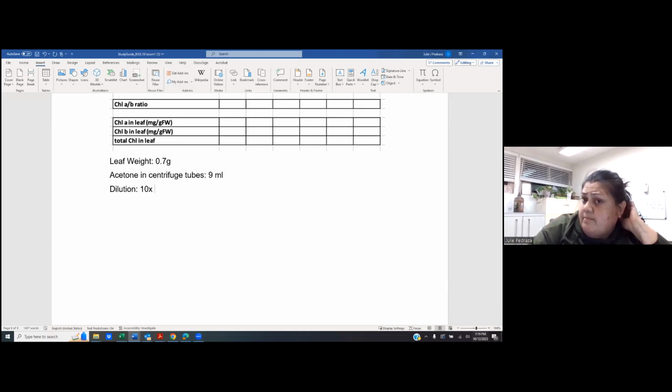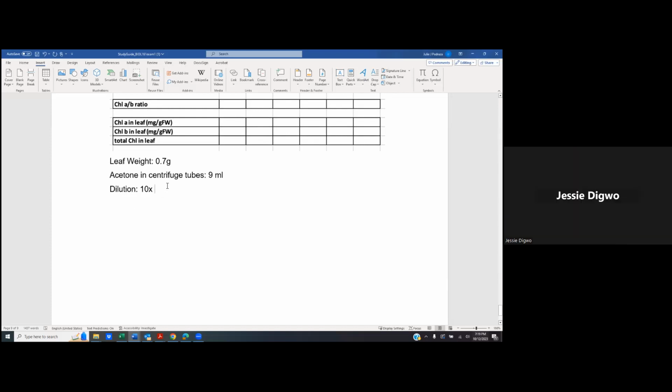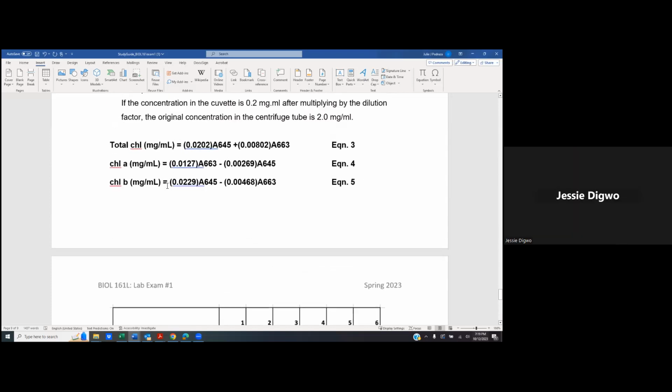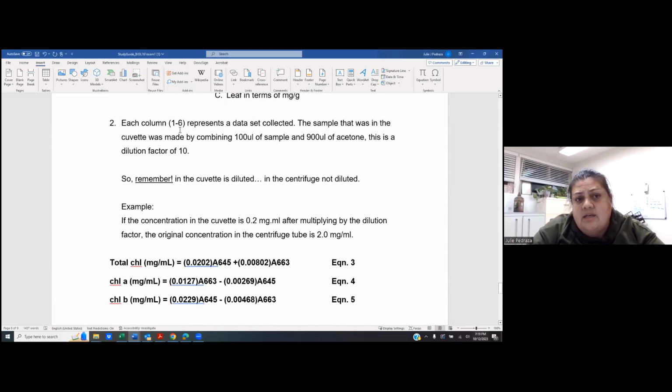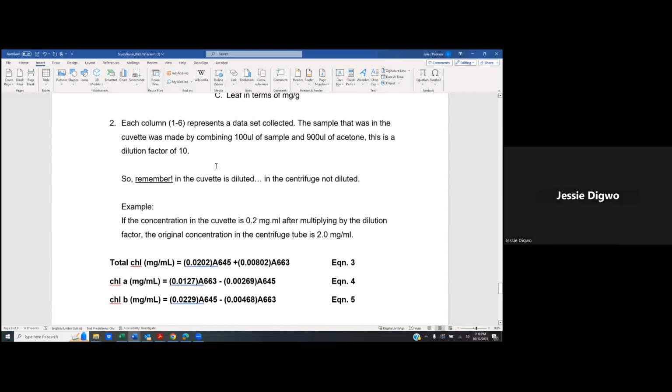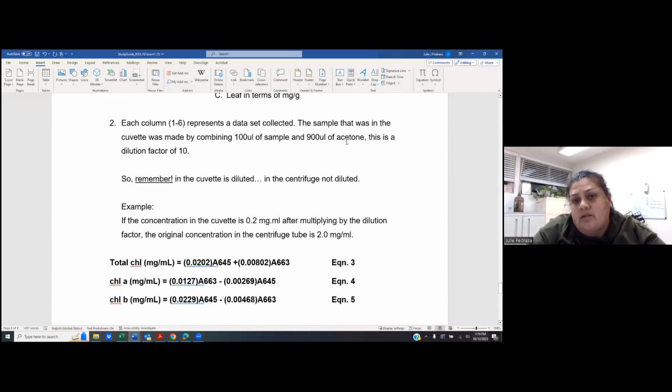Yes, thumbs up. I got 10x because it says it right here. It says one part sample, 9 parts acetone, so it's a 10x.